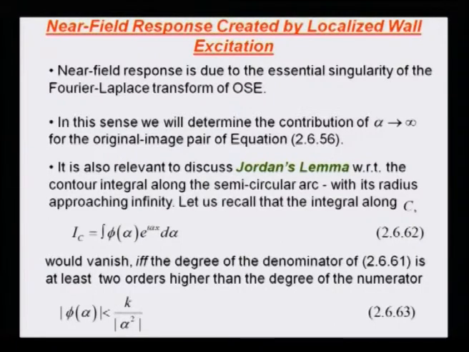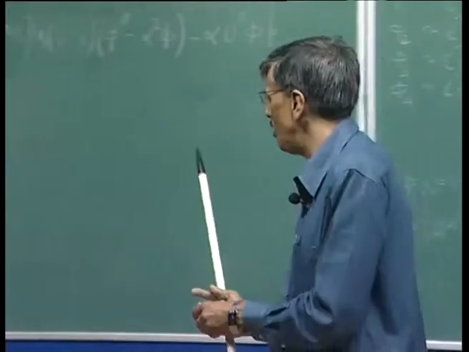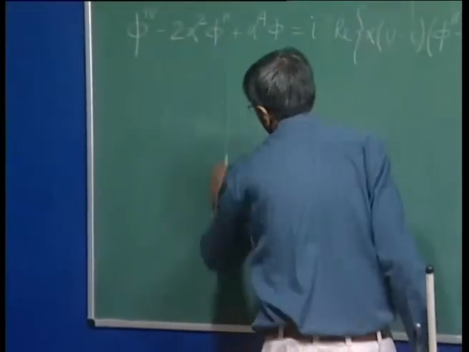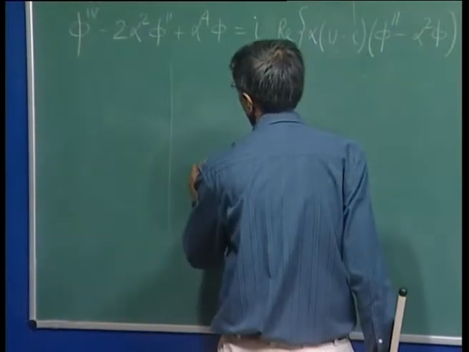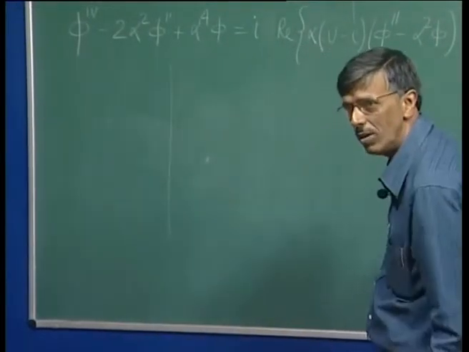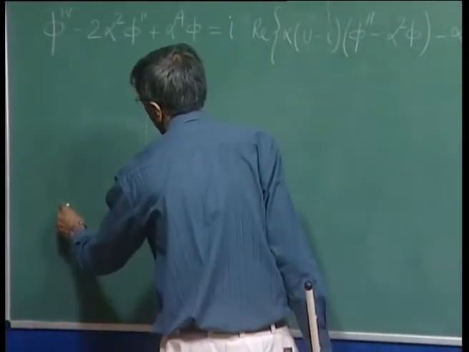So, that is what we say, the original image pair we should know. Now, if you recall, when we were discussing the Cauchy integral and the properties of the eigenvalues, what did we see? We used Cauchy's integral formula and we indented the contour around those eigenvalues and closed it. Suppose I have an eigenvalue here, then I said that I will go along the Bromwich contour. And let us say the Bromwich contour is along this axis.